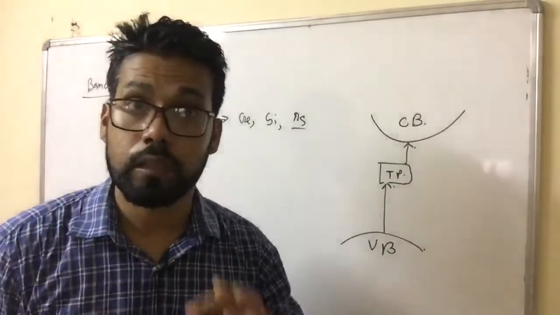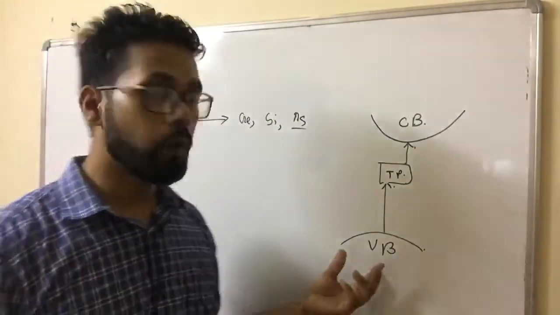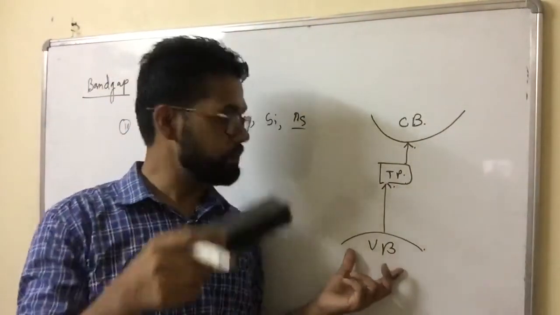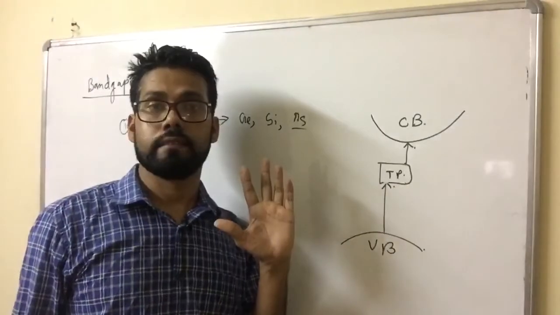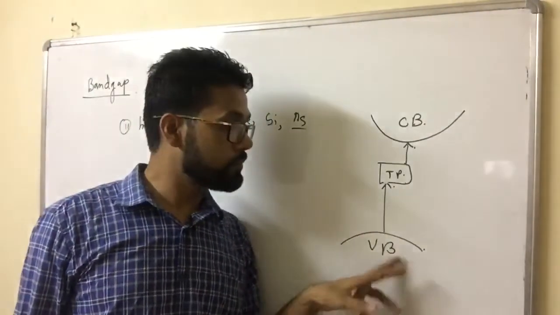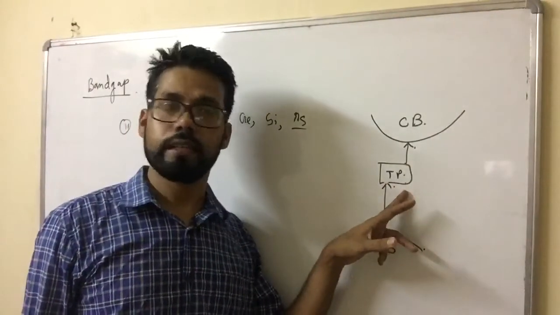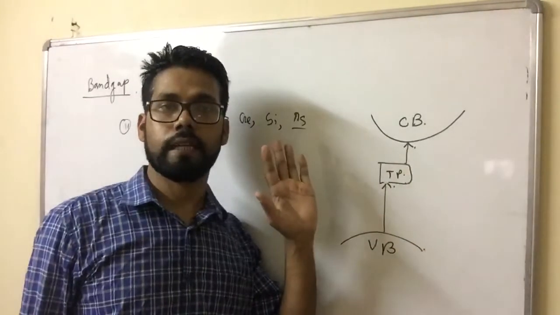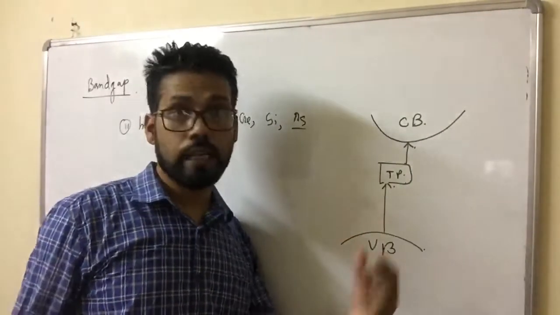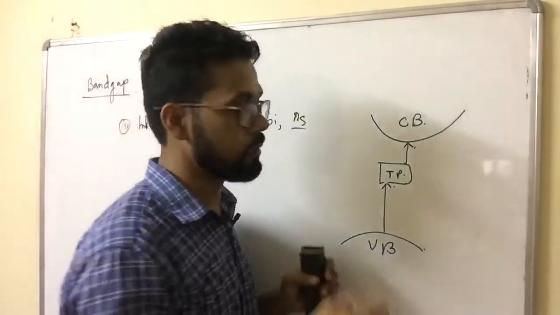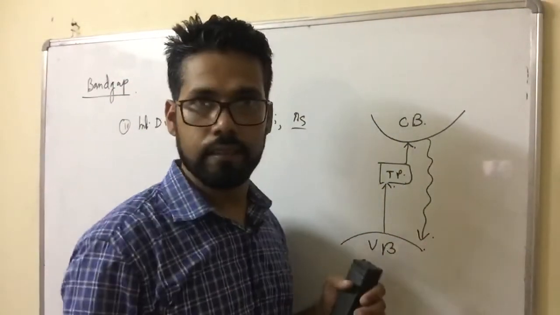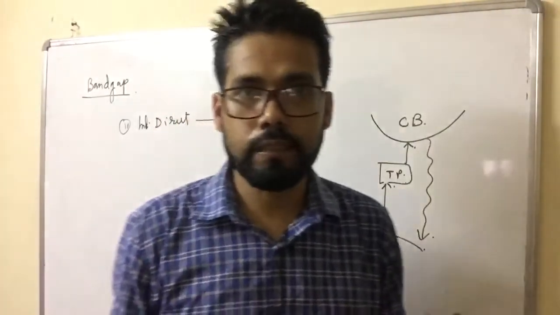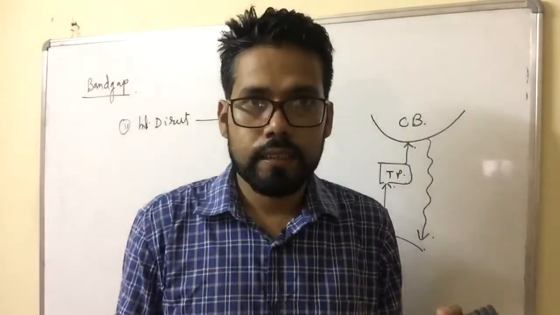In an indirect band gap semiconductor, what happens? Try to understand. When you heat this semiconductor, the electron does not move directly to the conduction band. Okay, it will move to the trap center, and then it will move to the conduction band. As a result, after a few nanoseconds or picoseconds, this electron moves back to the valency band, because everything in the universe tries to minimize energy.